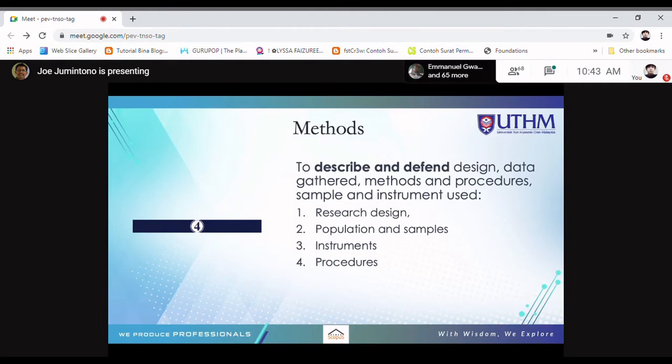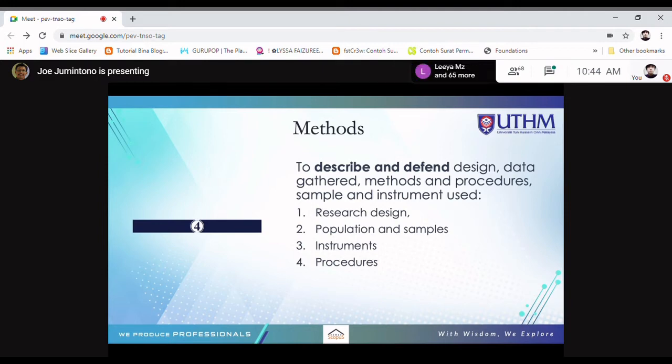What should we take from the research report? At least 4 things that you should put in the methodology. Number 1 is research design. Maybe you can explain that this research uses a qualitative descriptive approach. This is the research design.